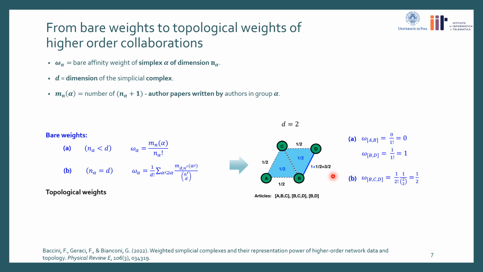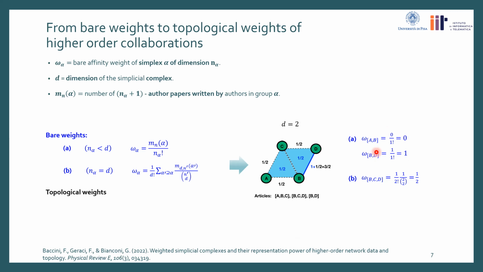Also, as I mentioned before, if you assign these topological weights, then you can recover the bare weights that you assigned, which are here indicated in blue. Here is an example of the computation where the edge AB is 0, because A and B did not contribute to any two-author paper, while edge BD is assigned weight 1 because they contributed to a one-author paper.